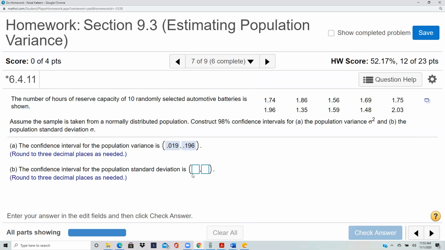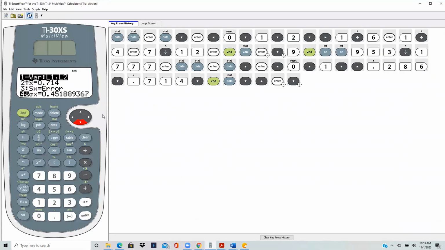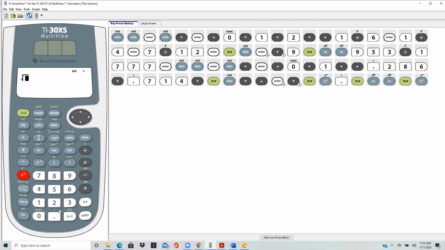So let's see, what's the square root of 0.019? Okay, let's close this. Square root of 0.019 is 0.138.